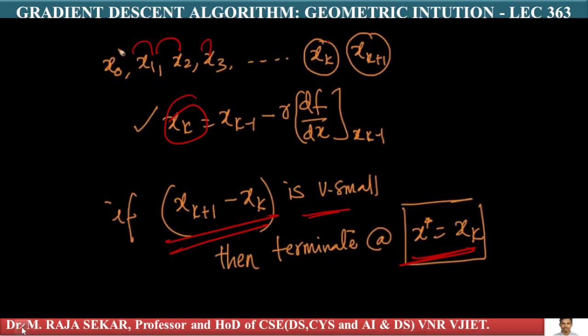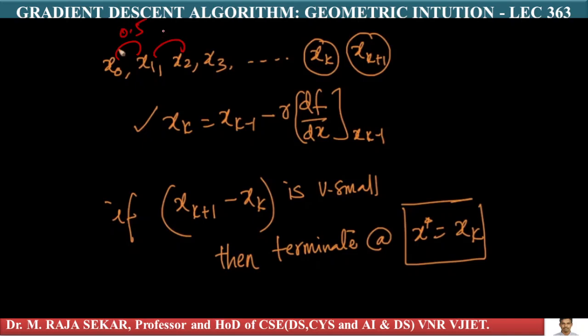For example, from x0 to x1 there may be a 0.5 difference, then maybe a 0.4 difference. From xk plus 1 to xk you may get some 0.00001, meaning the difference between xk plus 1 and xk is so small. In such a case, xk is the optimal value.